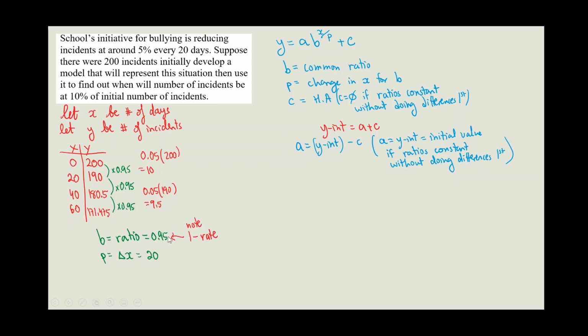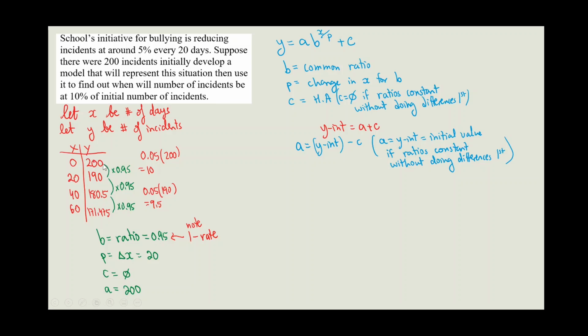Please note that this 0.95 actually still relates to the 5% loss. It's 1 subtract 5%, but written as a decimal. And because the ratios were the same right away without us doing first differences first, the horizontal asymptote here will be 0, so c will be 0.